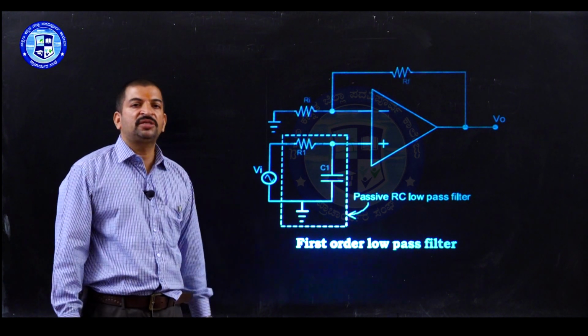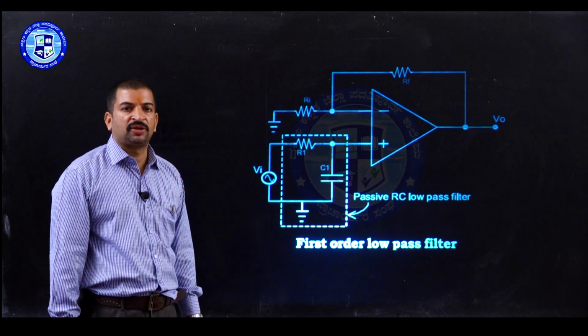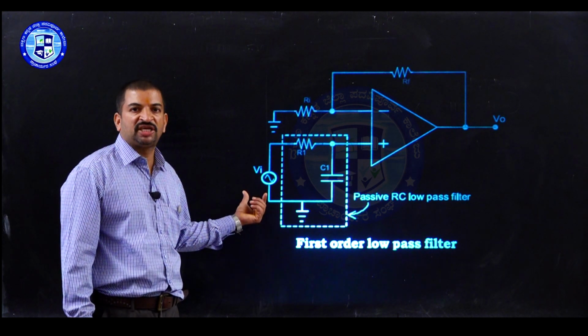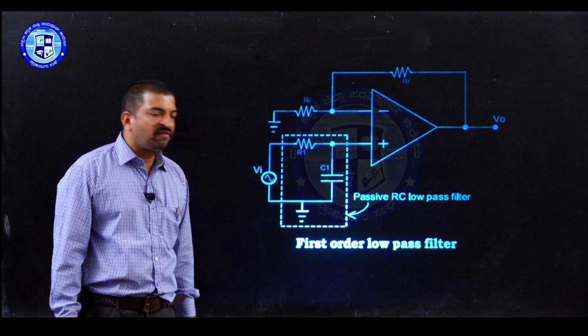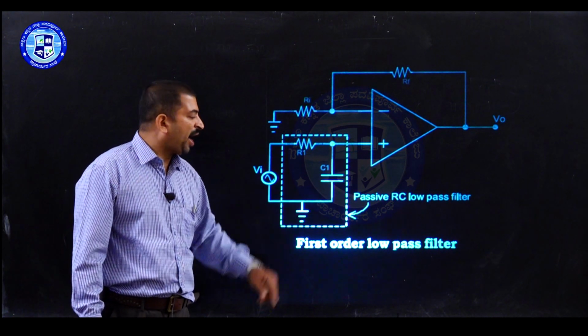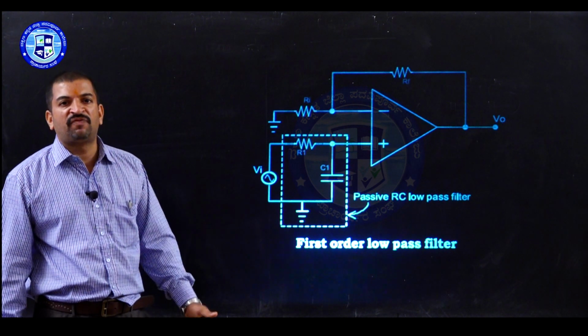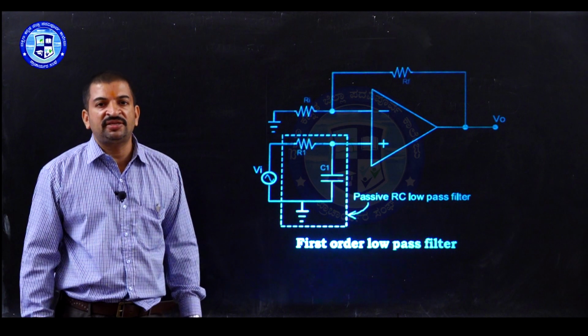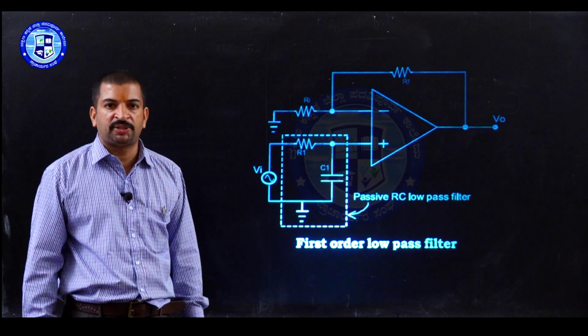Now, when the input signal is applied to the circuit, consider we are applying a very low frequency signal. When you apply a very low frequency signal, the capacitor acts as an open circuit for low frequency signals because the capacitive reactance is inversely proportional to the frequency.